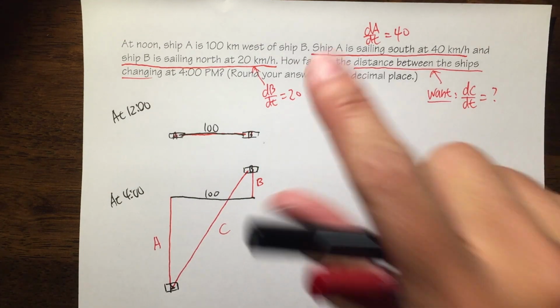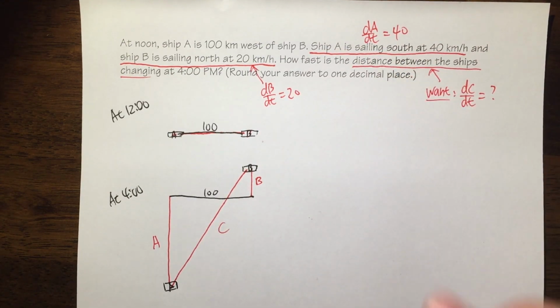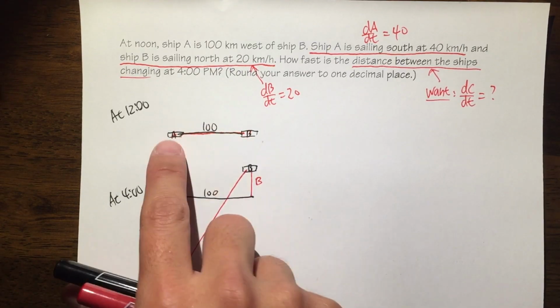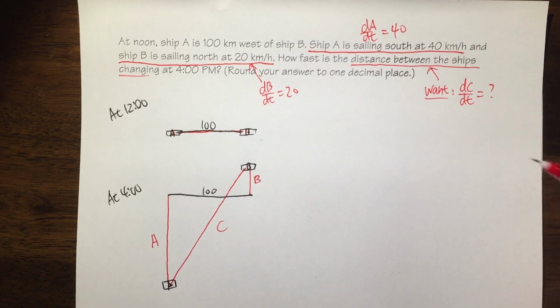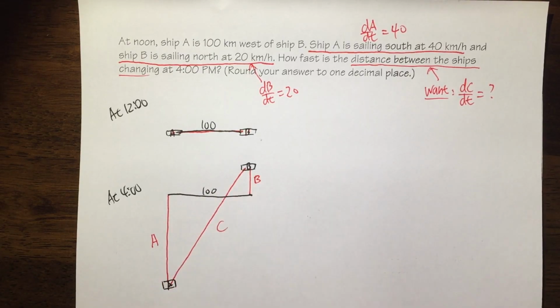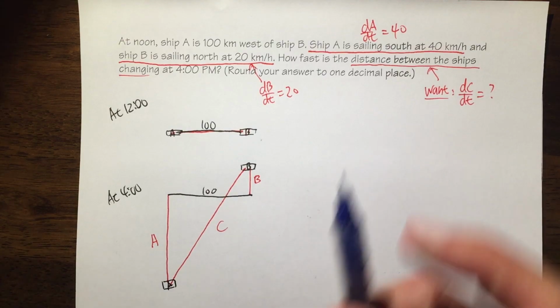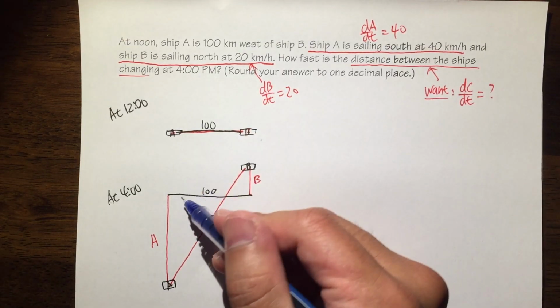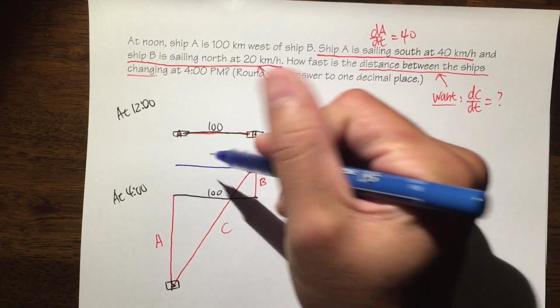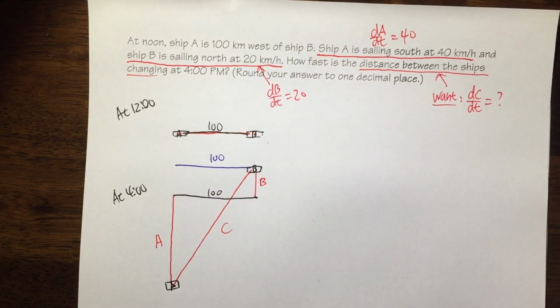Now let's see if we can come up with any formulas or equations to work with. Originally this was just a straight line, so we cannot really do much. But at 4 o'clock, we have two of these triangles. Even better, notice this right here is 100. That means from here to here is still 100, right?